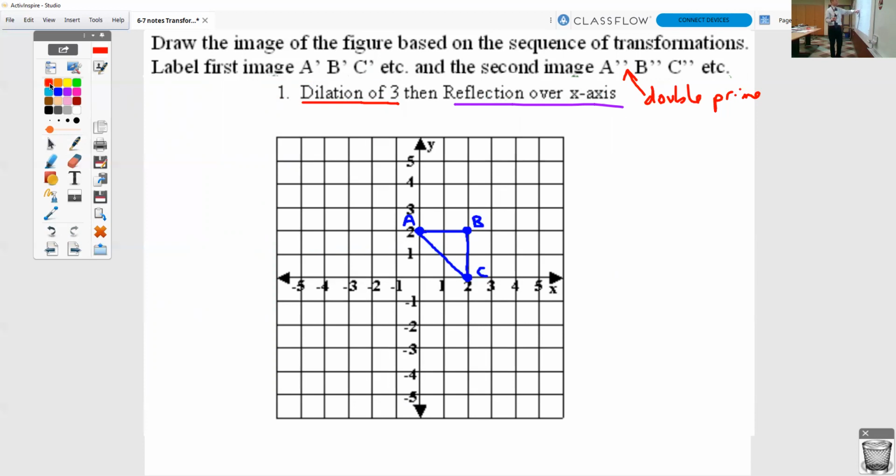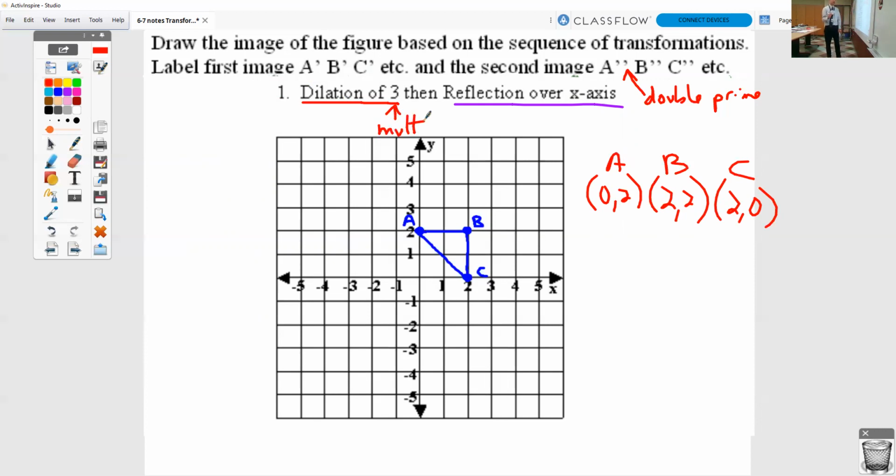So the first thing that we want to do to this shape is a dilation of 3. Well, I know that when I go and do a dilation, I need the coordinates. So I'm going to write down my original coordinates for A, B, and C. My original coordinates are 0, 2 for A, 2, 2 for B, and 2, 0 for C. So when I go to do my dilation of 3, remember that this means that I want to multiply by 3.